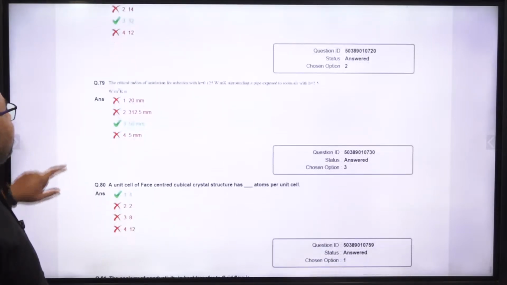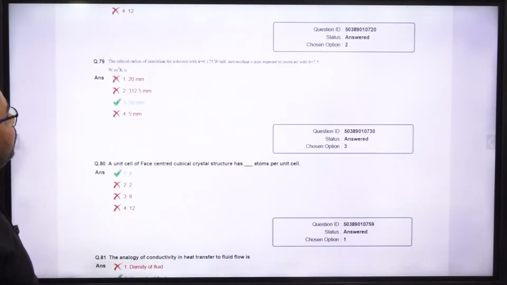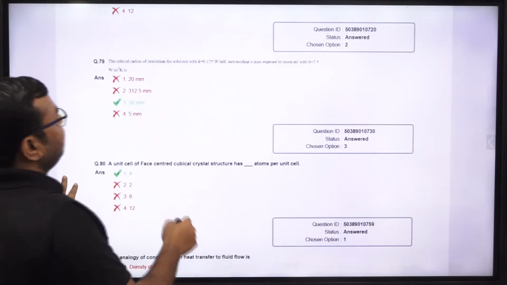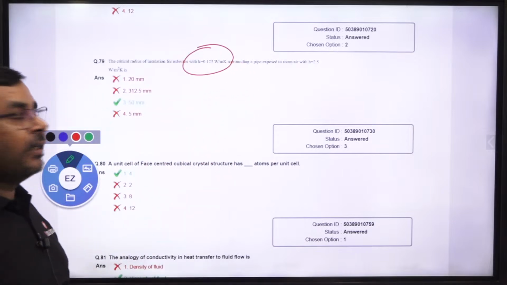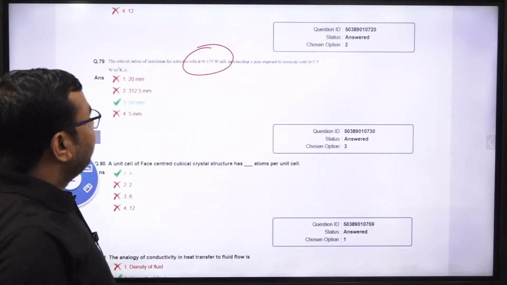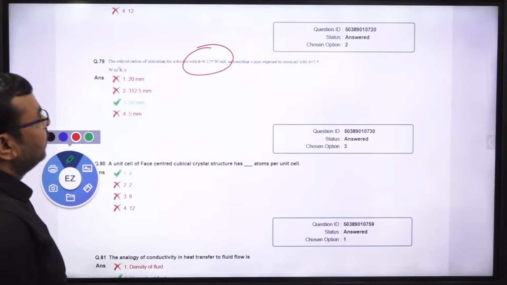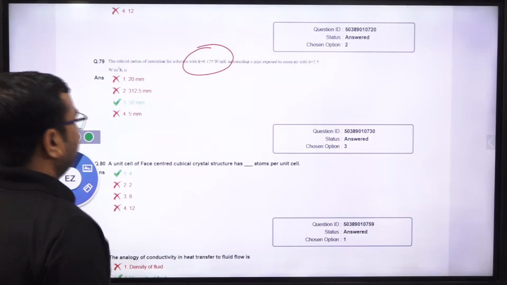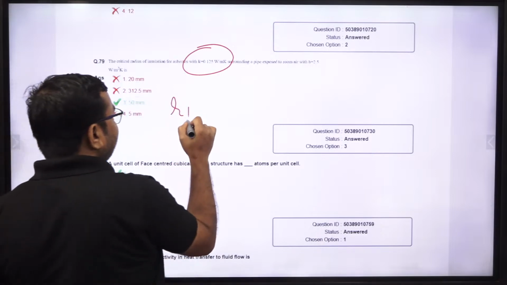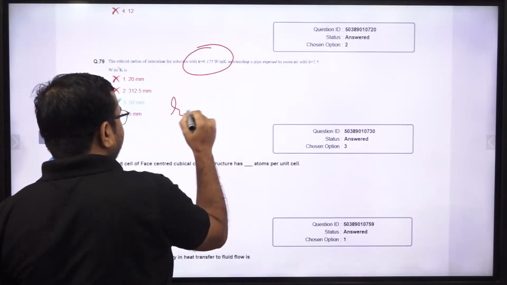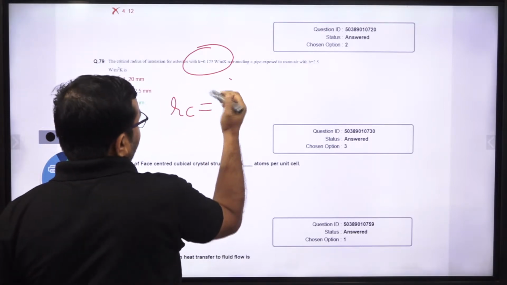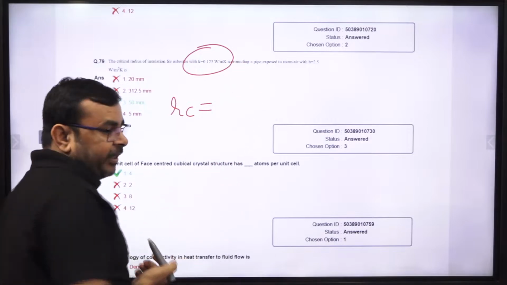The critical radius of the insulation for the asbestos whose K is 0.125 watt per meter Kelvin, surrounding a pipe exposed to room air with H equal to 2.5. So this is a very simple question. Critical radius can be written as H by K or K by H?